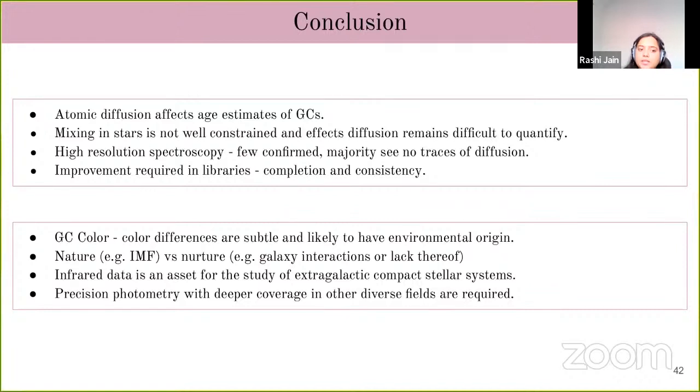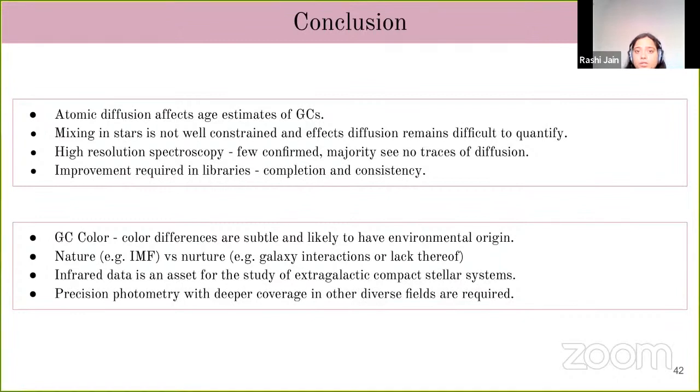In the next part of the presentation, we looked at the globular cluster color differences, which are very subtle when looked at photometrically, and they are likely to have an environmental origin. The origin of these differences could be attributed to nature, for example, the initial mass function, or nurture, the interaction of galaxies, or no interaction.